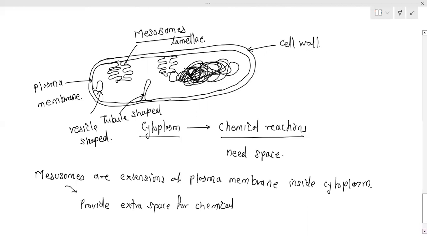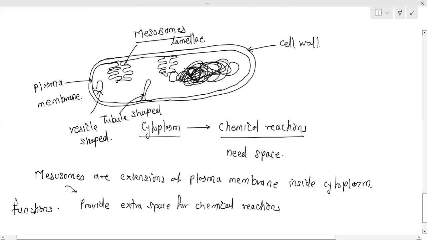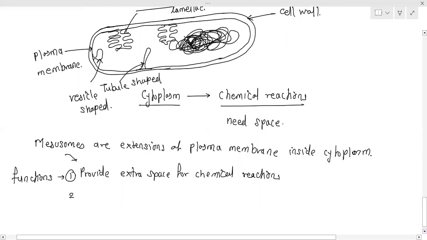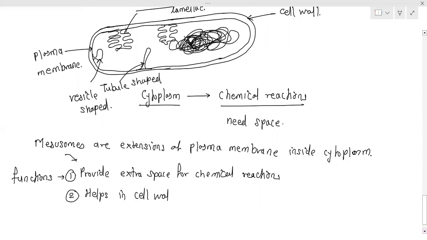Now, one more thing: these are functions, so write functions somewhere here. The first function is that it provides extra space for chemical reactions to take place. Secondly, it helps in cell wall formation.